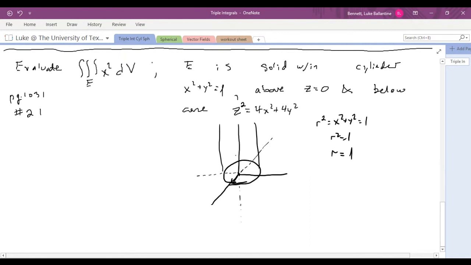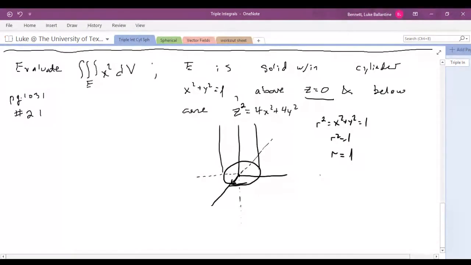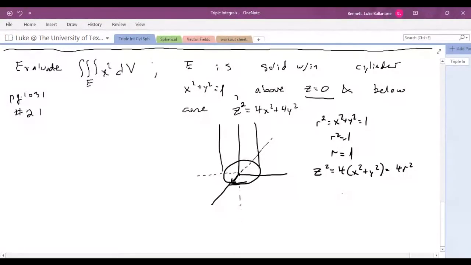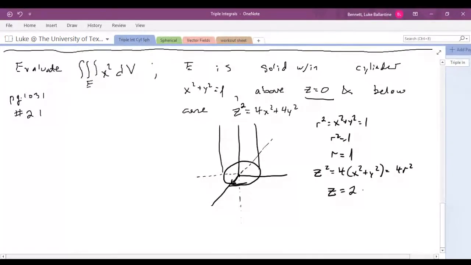So we're going from z equals 0 all the way up to the cone z equals 4x squared plus 4y squared. Well, z is equal to 4 times x squared plus y squared, which is 4r squared. So z is equal to, taking the square root, 2r.